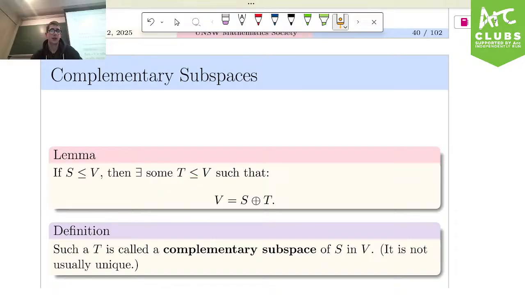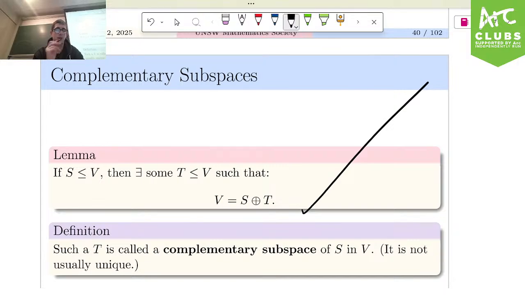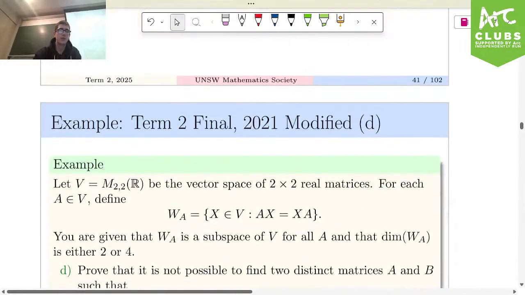So we're saying that V can be built from these non-overlapping vector spaces S and T in this way. We call that a complementary subspace, which is not necessarily unique. Going back to that example of two lines, if we have one line being S and we're looking at R2 here, we can really choose any non-parallel line such that S direct sum T would be exactly R2. So that follows for some of you.